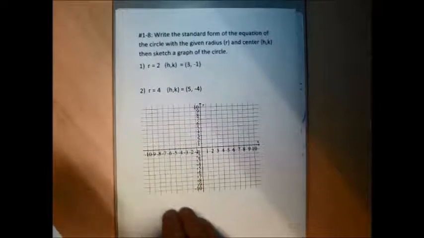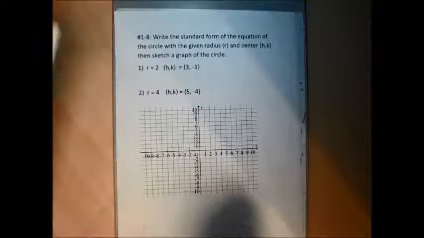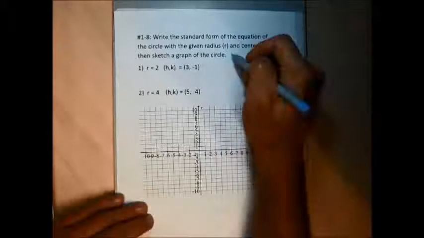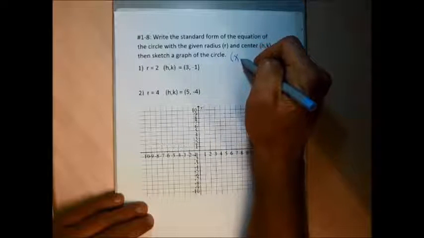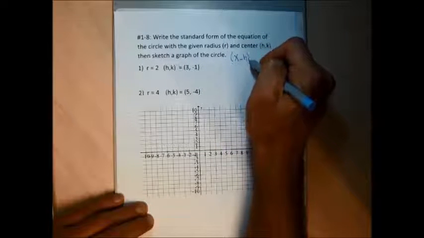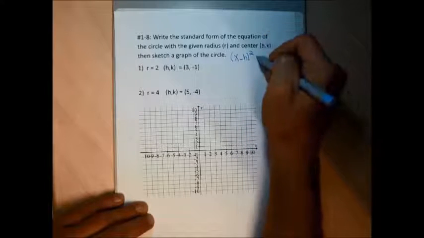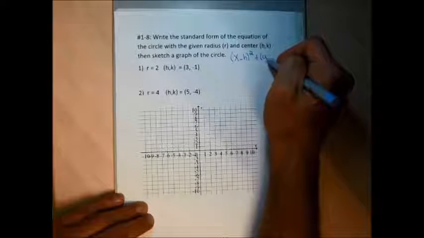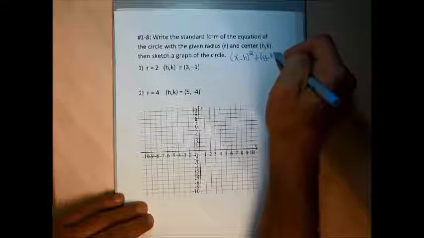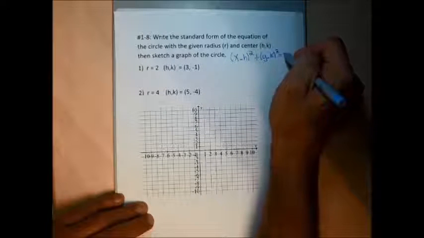So the first 8 problems just want me to get used to using the formula (x minus h) squared plus (y minus k) squared equals r squared.